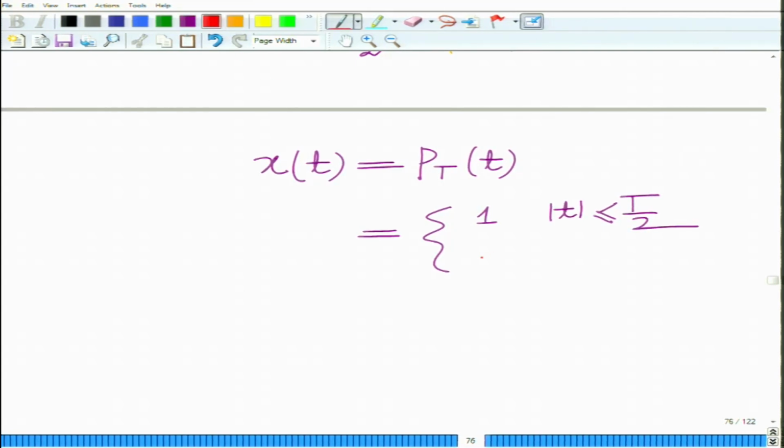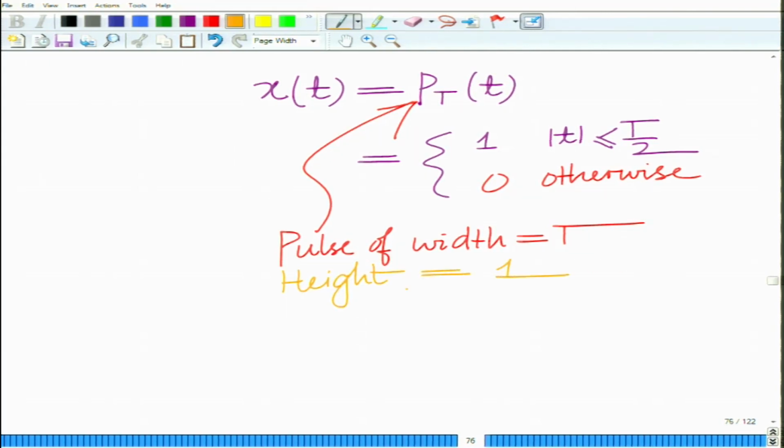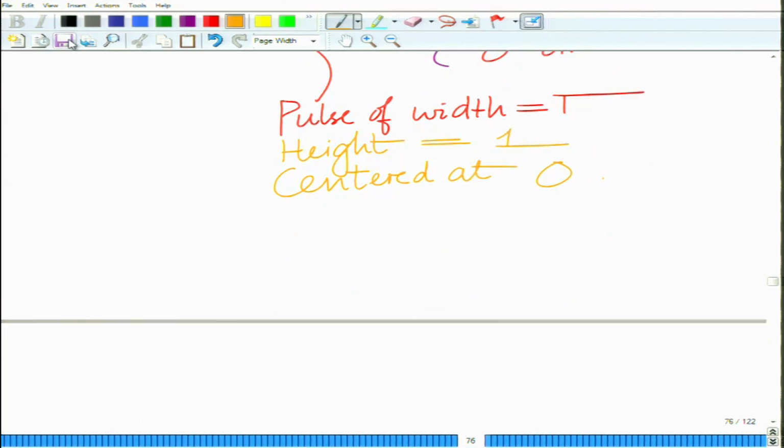This is a pulse of height unity, width T, centered at 0.